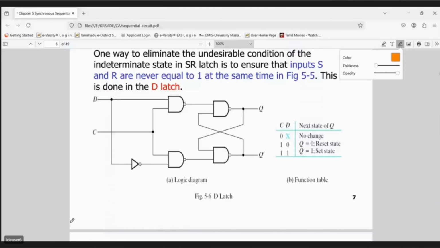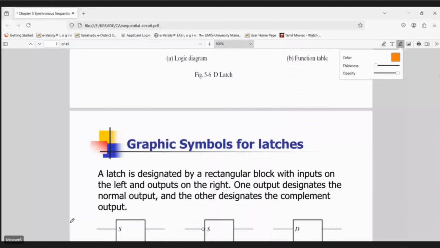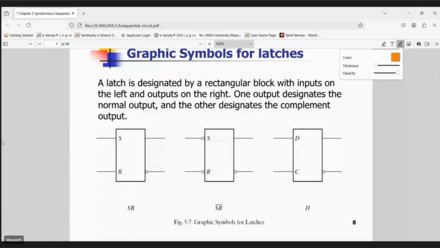So D flip-flop or D latch. As graphical symbols, a latch is designated by a rectangular block with the inputs on the left and outputs on the right.